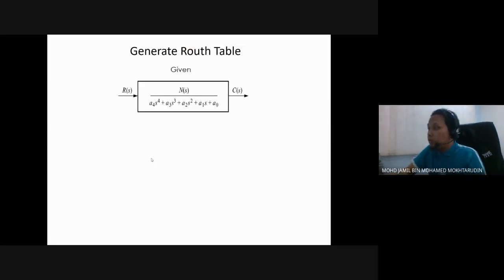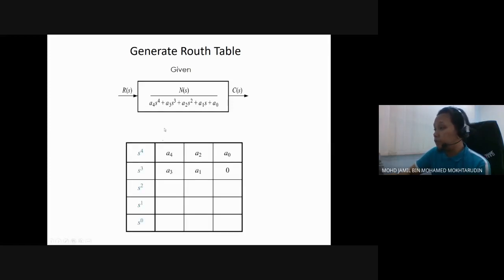Okay, so let's say you have a transfer function given like this. You look at the denominator: a4 s to the power of 4 plus a3 times s to the power of 3 plus a2 times s squared plus a1 s plus a0. First, you need to generate the Routh table.